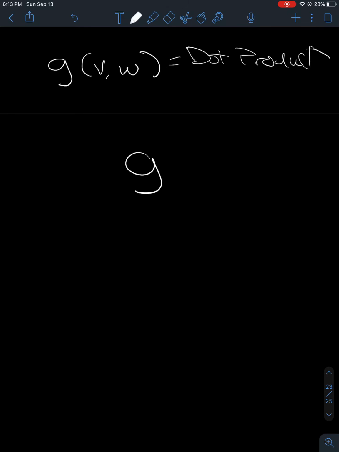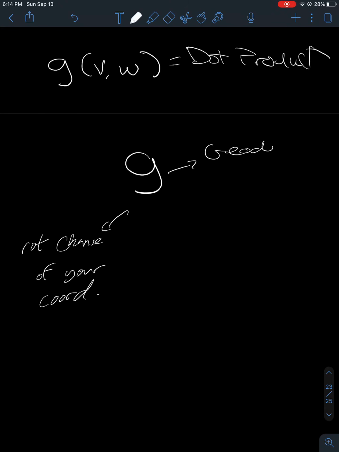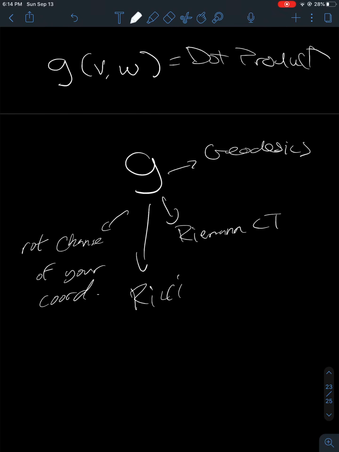Your metric tensor will determine the rate of change of your coordinates. It will tell you the specific geodesics that will exist in your space. It will tell you your Riemann curvature tensor. It will tell you your Ricci tensor. It basically tells you everything about your geometry.